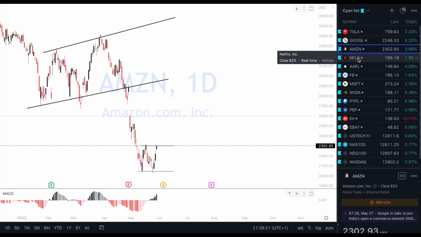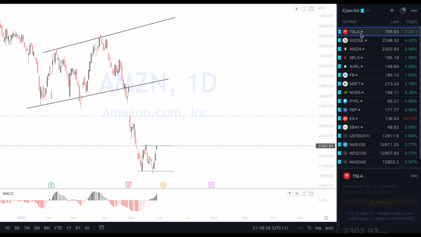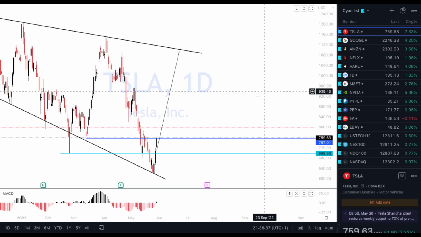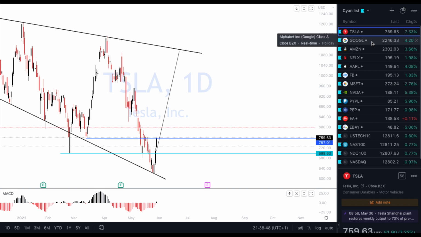And look what the NAS has gone and done. It's basically fulfilled the first part of the structure that I said was going to get filled, and now we want to wait to see if it's going to pull back down. So we've looked at Amazon, Google, and Tesla. Let's just see what that could mean for us. Going back into Tesla again: if Tesla continues to push up, the NAS is going to break beyond that structure that we've drawn.